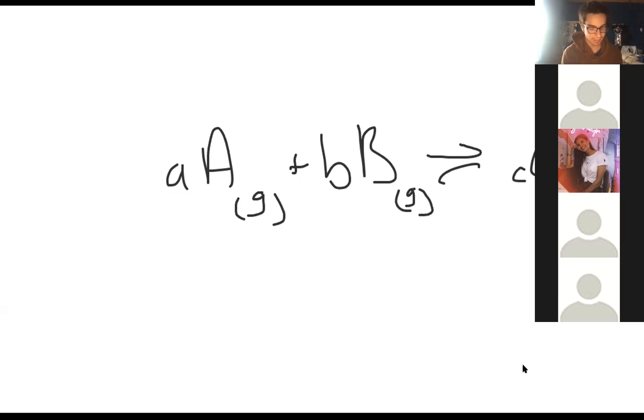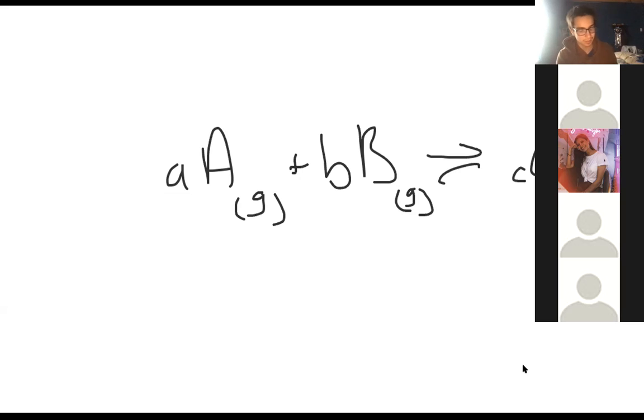But it goes on to give us another example: A plus 2B yields C plus 3D, and it gives us some values for all of these molecules.